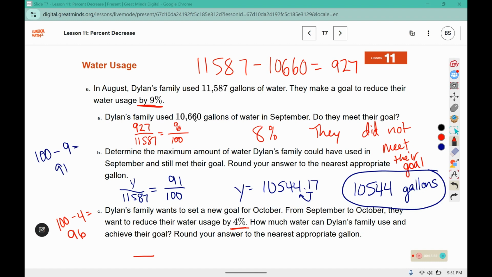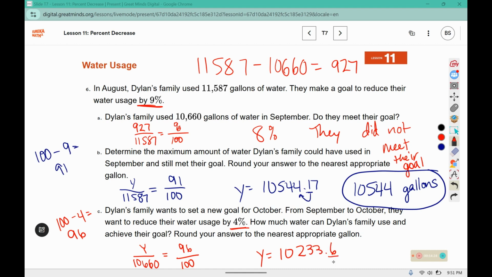Well, in September, they used 10,660, and they wanted to reduce it by 4%, so they want to use 96%. 10,660 times 96 divided by 100 is 10,233.6.